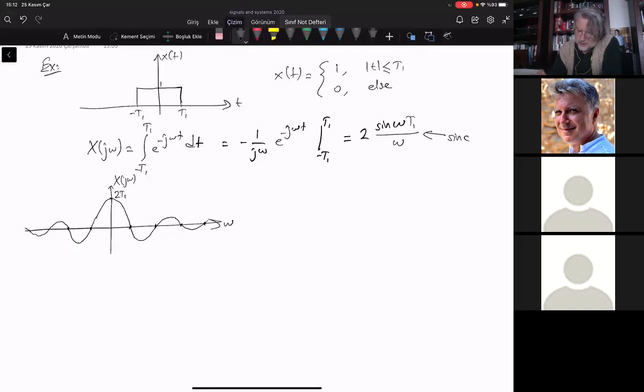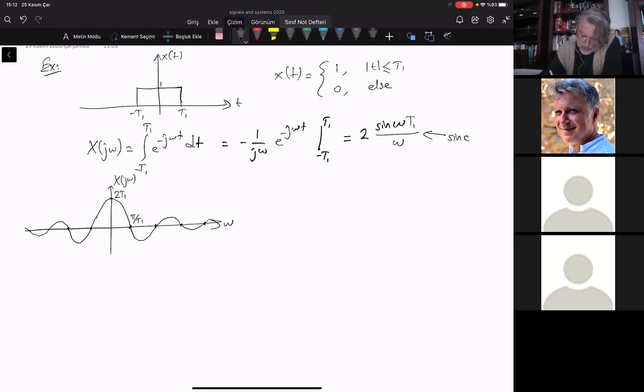So where is that first crossing? It happens when sine omega T1 becomes 0, and it becomes 0 when omega is equal to pi over capital T1, because if you insert pi over T1 and multiply by T1, the T1s will cancel, it will be sine of pi, which is 0. So this happens at pi over T1.